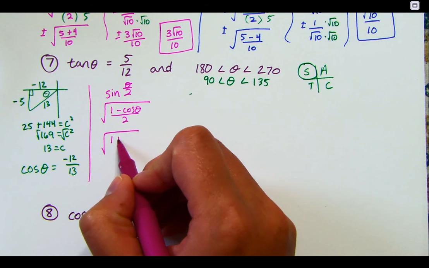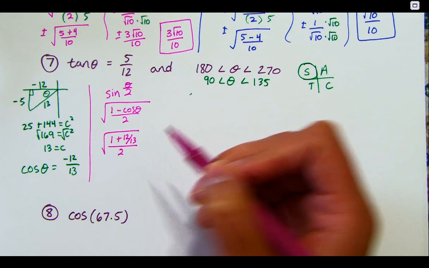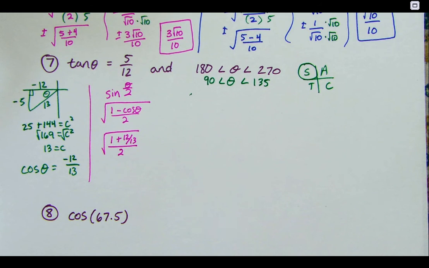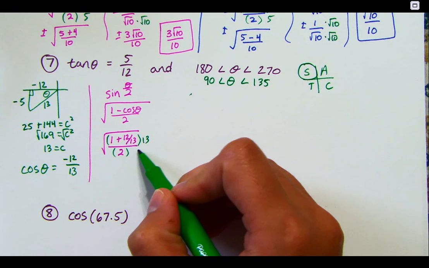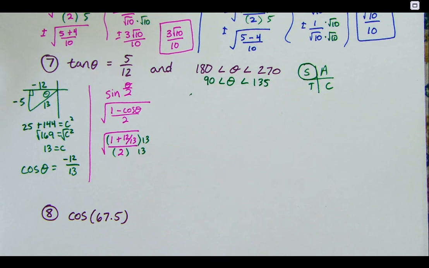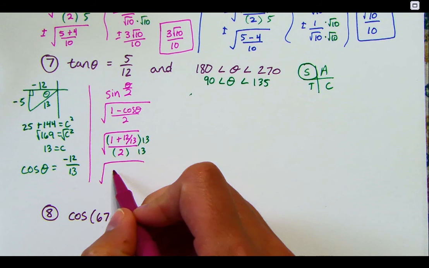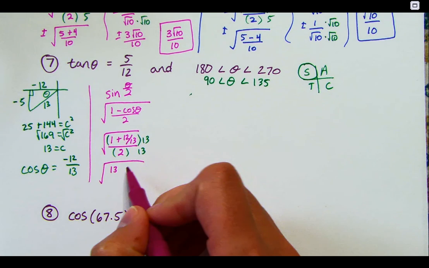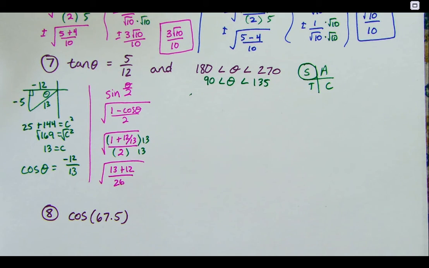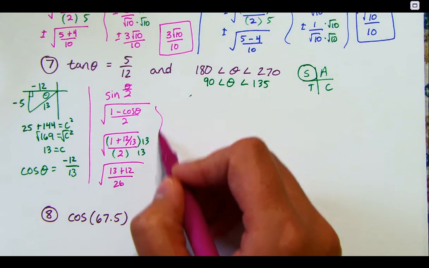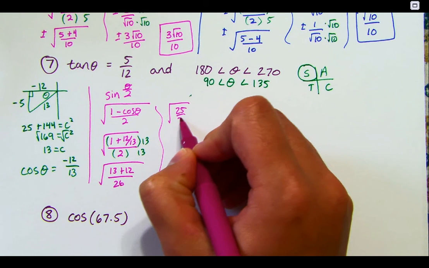So 1 plus 12 over 13, and then all over 2. And to get rid of that fraction, we are multiplying everything by 13. So distributing to the top, this will be 13 plus 12 over 26. So that will leave me with 25 over 26.